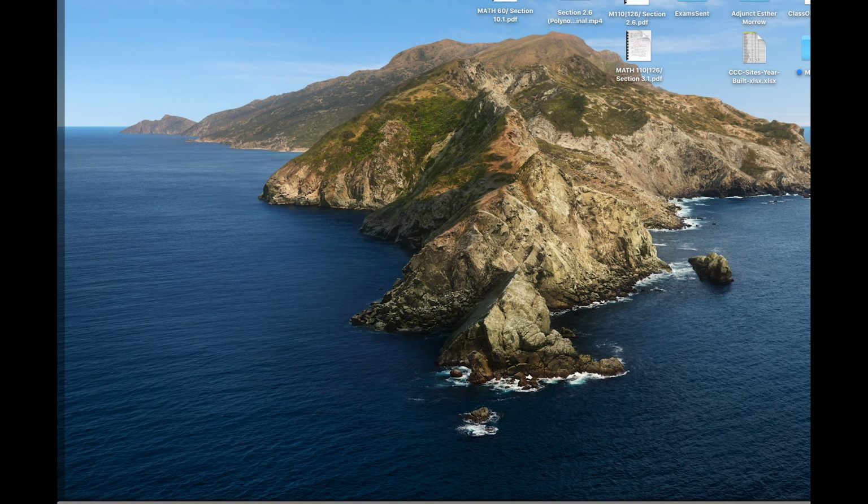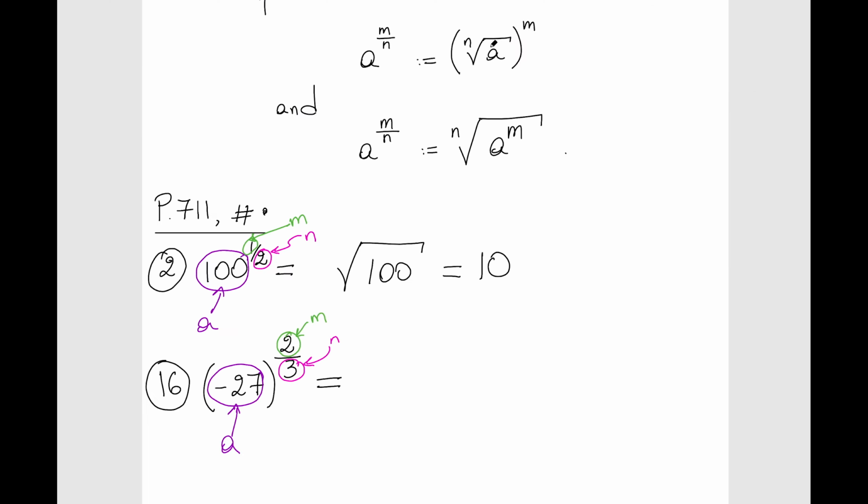So according to what we have in the definition, that's the same as a, or the nth root, so it's the third root of which version do we want to use? How about we use this version? Again, they are the same. Let's use this version. So the third root of -27, and the whole thing is raised to power m, and m is 2.